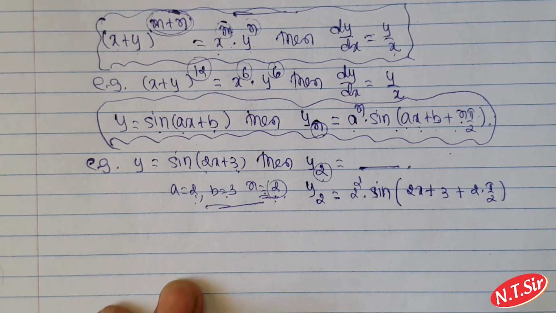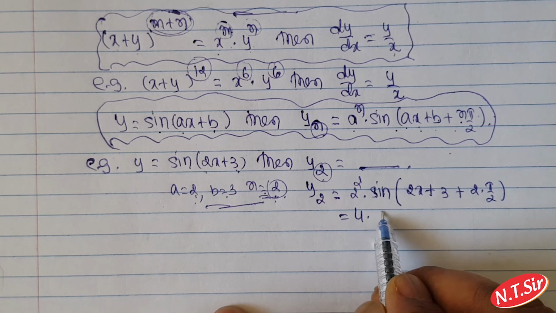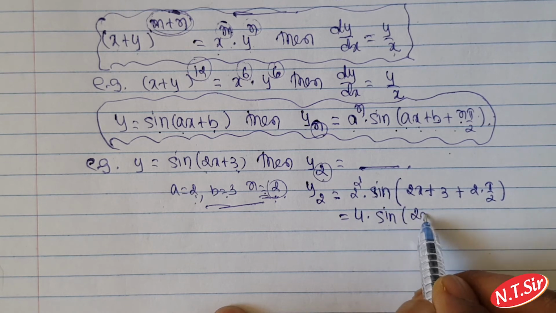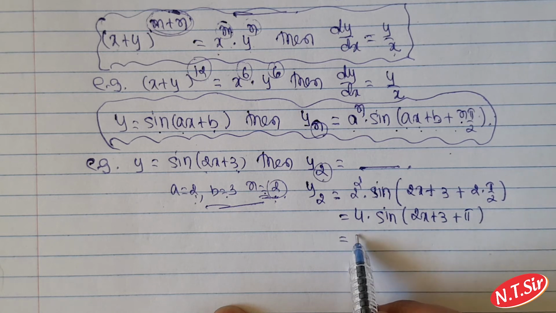This is your answer. Simplifying this, we get 2 squared, that is 4, into sine (2x plus 3 plus pi).